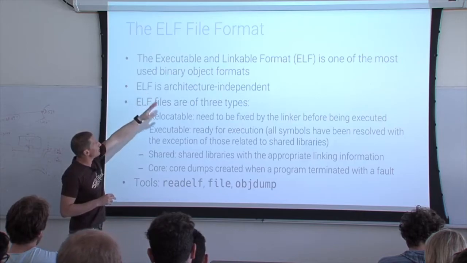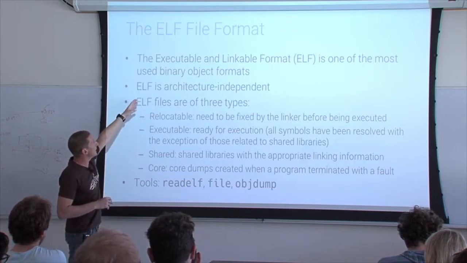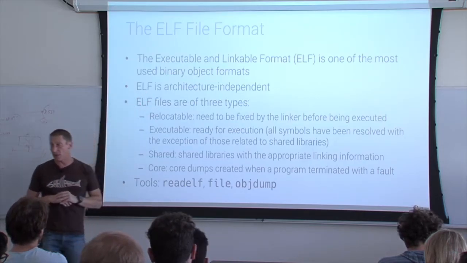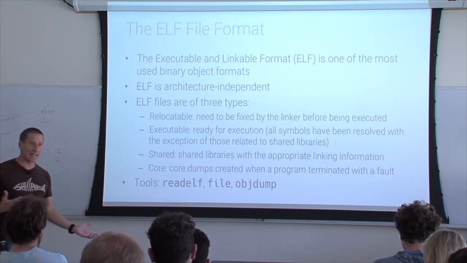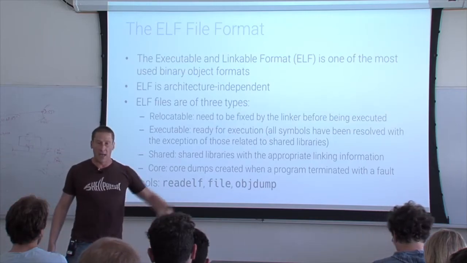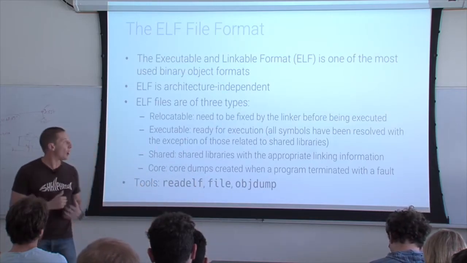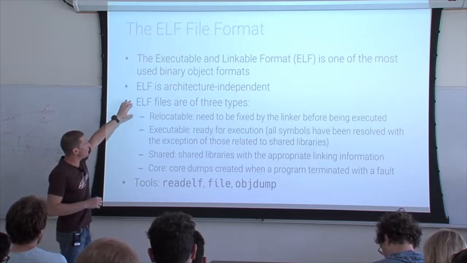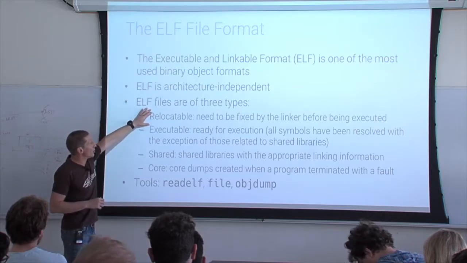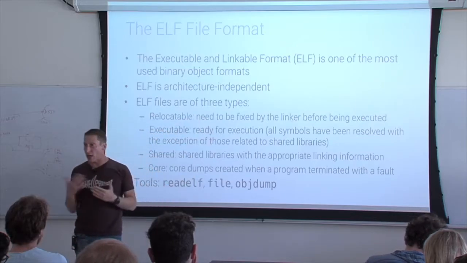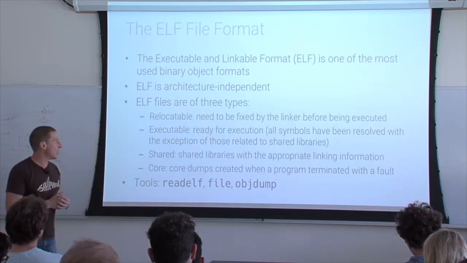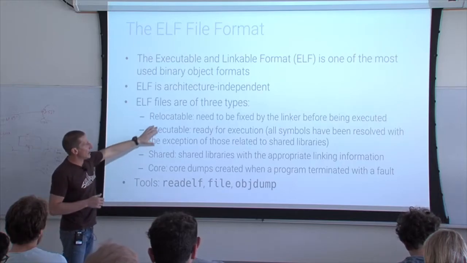ELF, called the Executable and Linkable Format, is architecture independent. It means that you can actually have ELF for x86, ELF for ARM, ELF for SPARC, MIPS, whatever you want. You have three types of files. Relocatable, that means that they need some relocation before they can actually be executed.